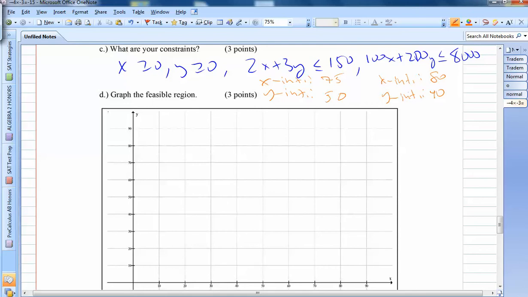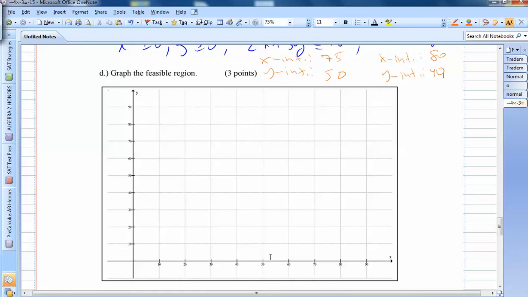This should be easy. X-intercept when y is 0, y-intercept when x is 0. You solve for each case. When I graph this, here is 75, and here is 50. And 80 right there, and 40 right there.